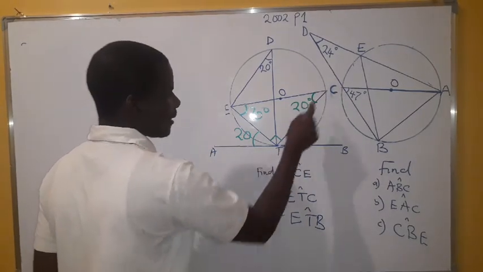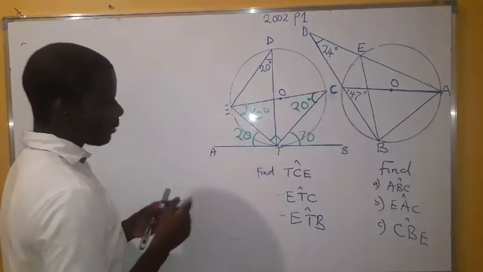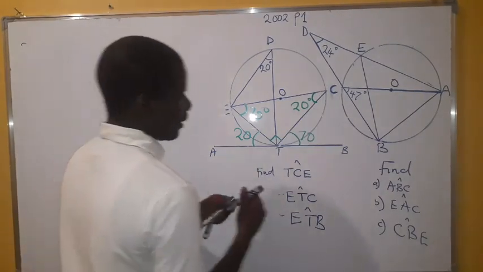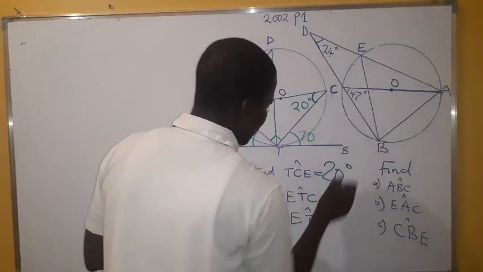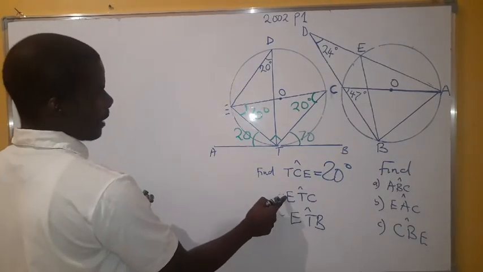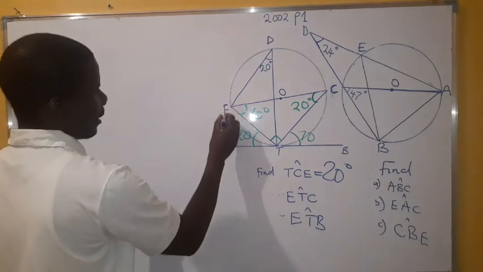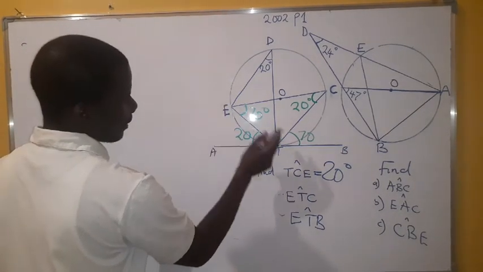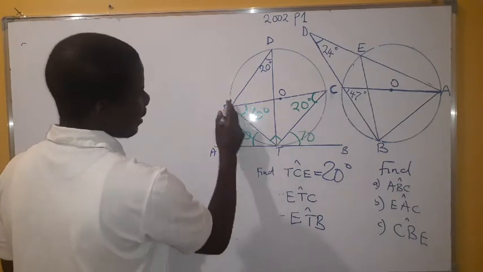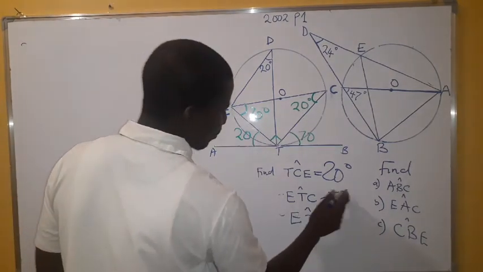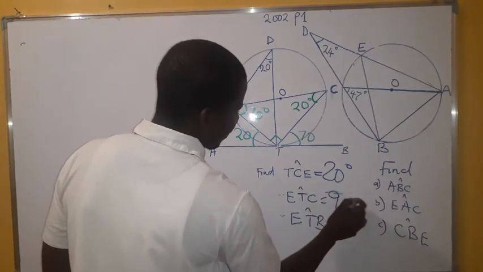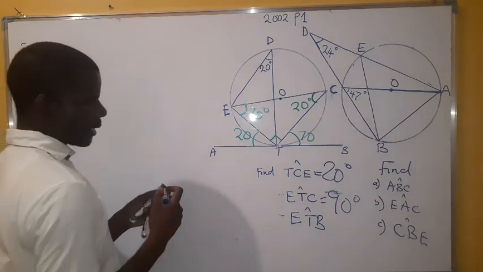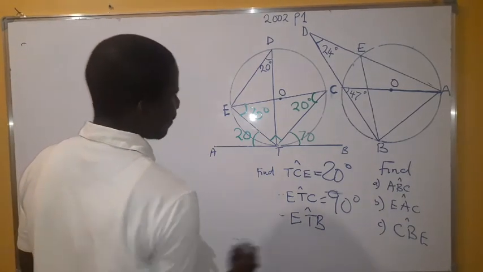So TCE, they always start with something very simple. Our TCE is 20. Where's our E? Our E is here. ETC, that was the second one that we got. What did we say? 90. ETC is 90. So it's the rules that just, then ETB.